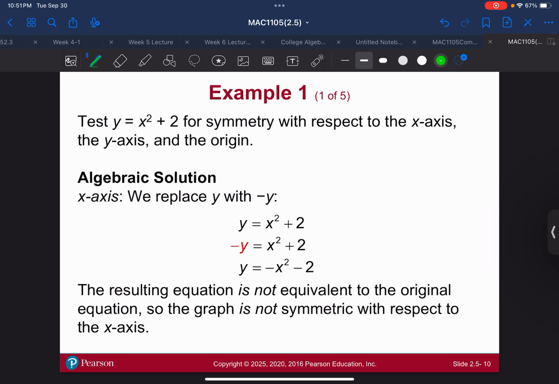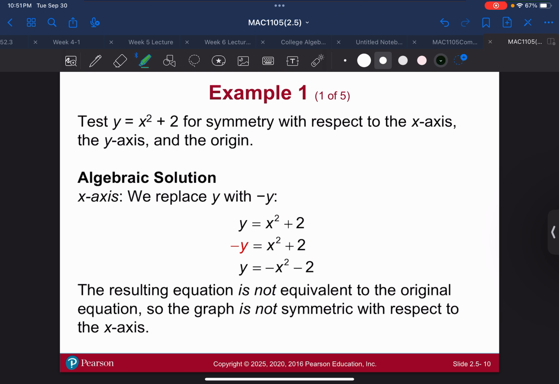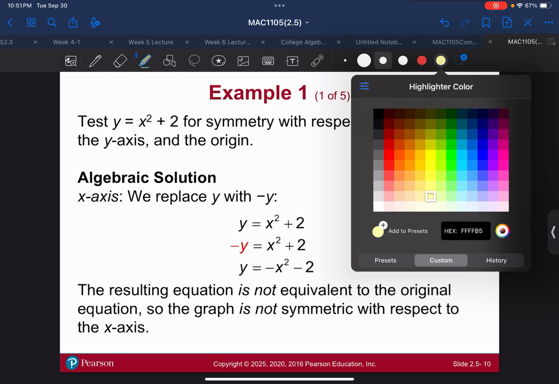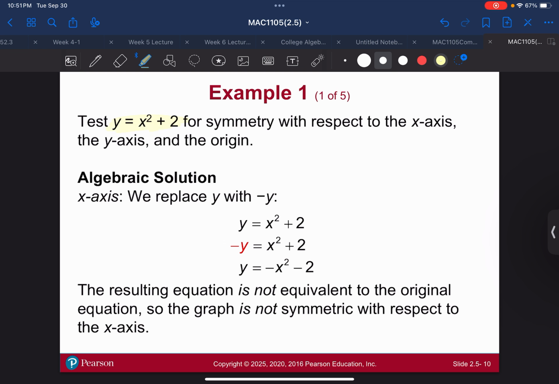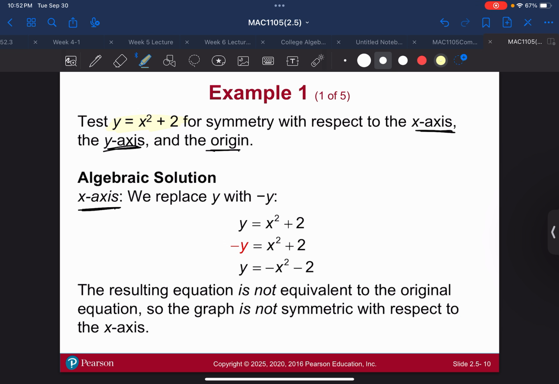So for example, we're going to test if the function y equals x squared plus 2 is symmetric with respect to the x-axis, the y-axis, and the origin. So first we'll test the x-axis, and so we will replace y with negative y. So here's our original.